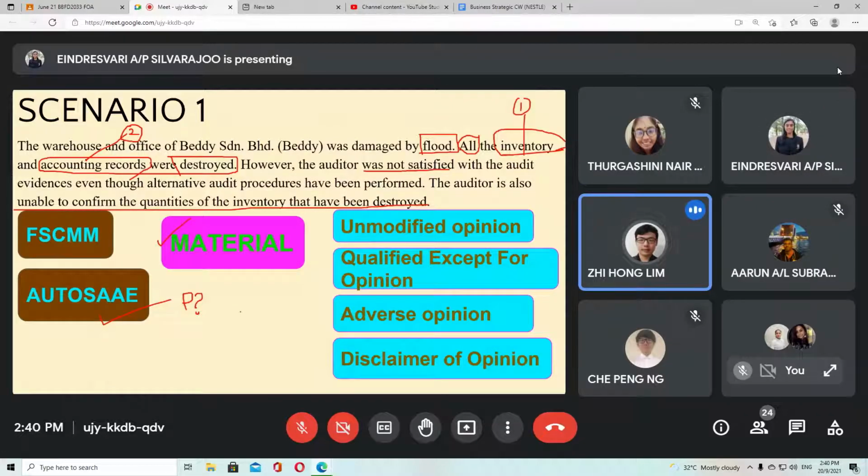No, so basically no evidence. So do you think the whole financial statement is affected? Yes, like all lost. Why yes? Like it can say that the business is restarted, like everything goes to the beginning.